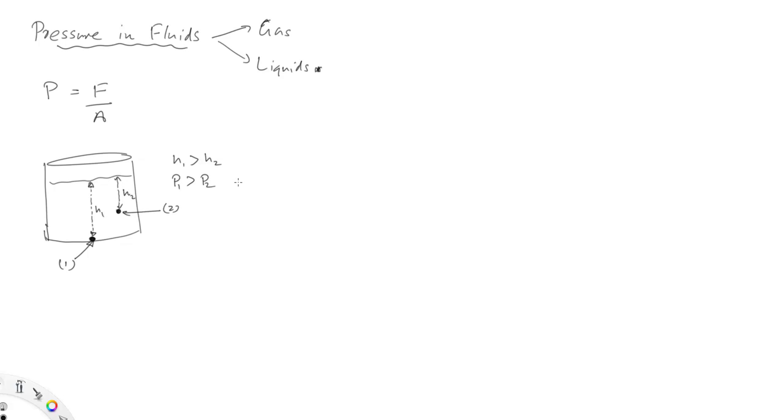Same goes with gases. A good example is our own atmosphere. The atmospheric pressure changes from place to place. At sea level, we have a certain atmospheric pressure. If you go to high altitudes, like to the top of a mountain, there's less atmospheric pressure.